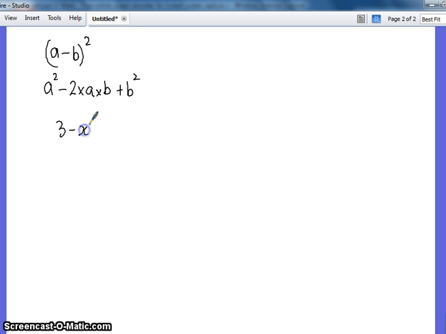When it's 3 take x all squared, then you're squaring the first one. Take 2 remains constant for every one of these formulas, times by 3 times by x plus x squared. And so you've got 9 take 6x plus x squared.